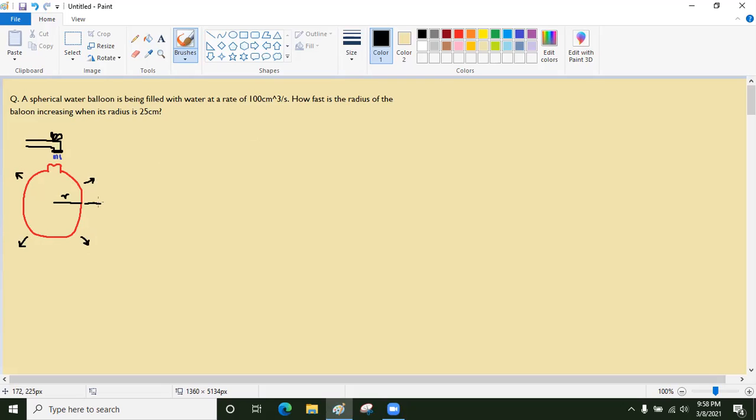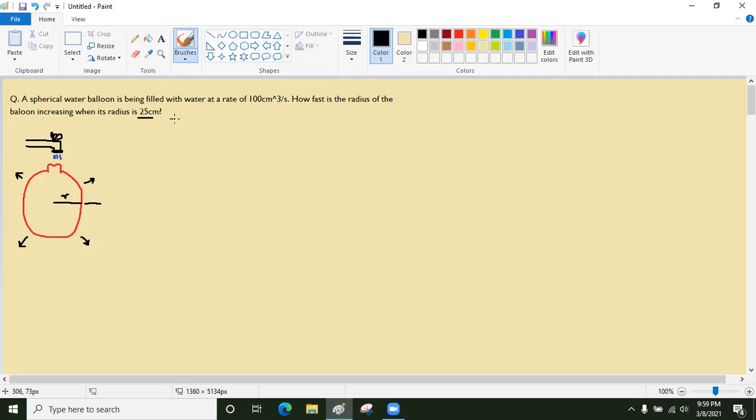So as water pours, the spherical balloon expands, and the radius, and of course the diameter for that matter, would increase. In other words, it would change. So we want to understand how fast that radius changes when the radius is 25 centimeters.